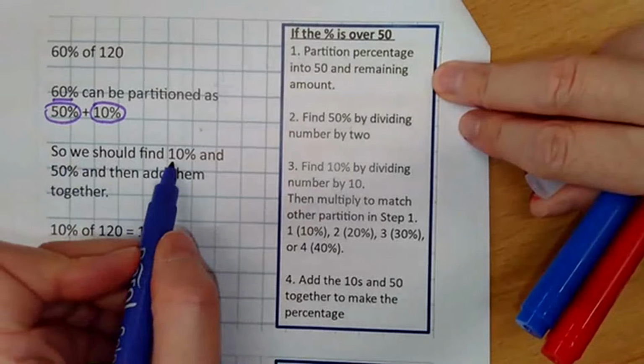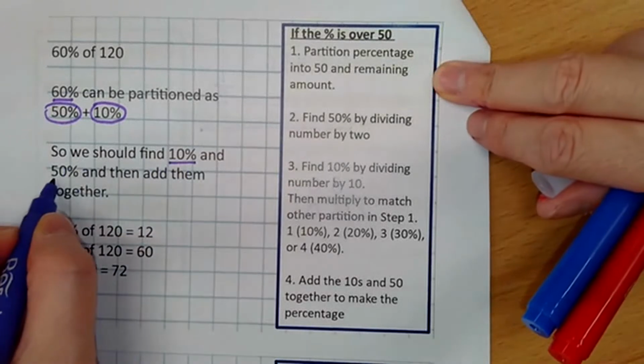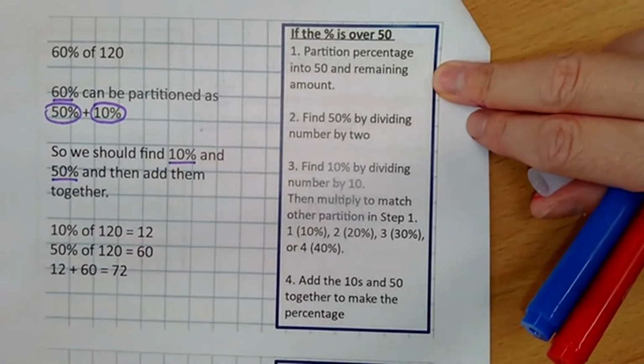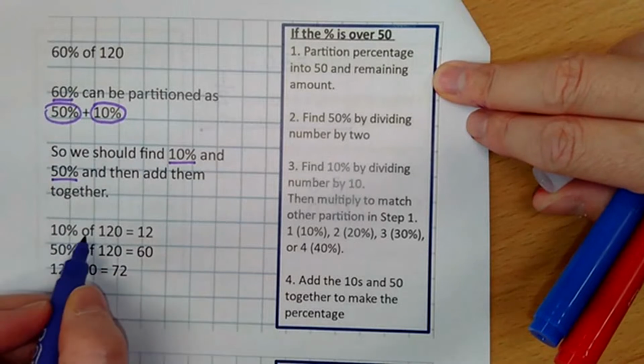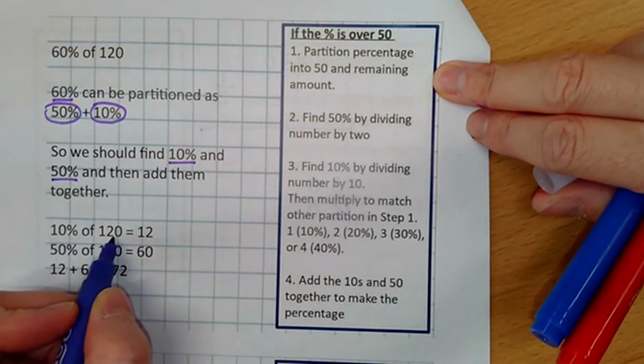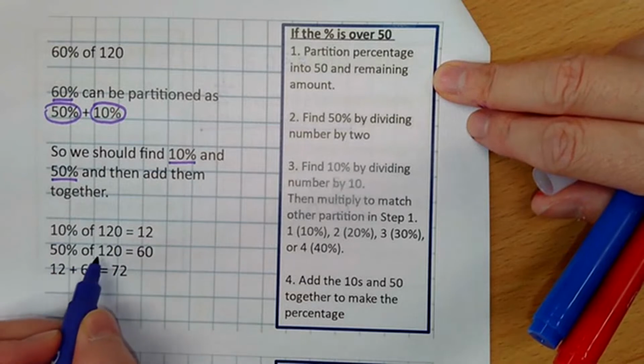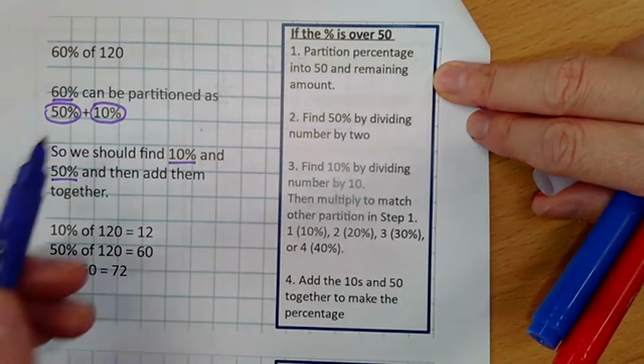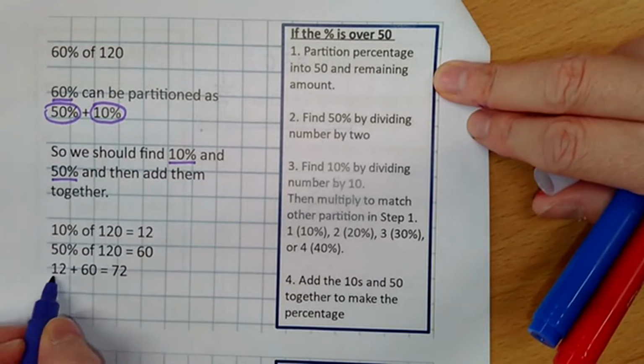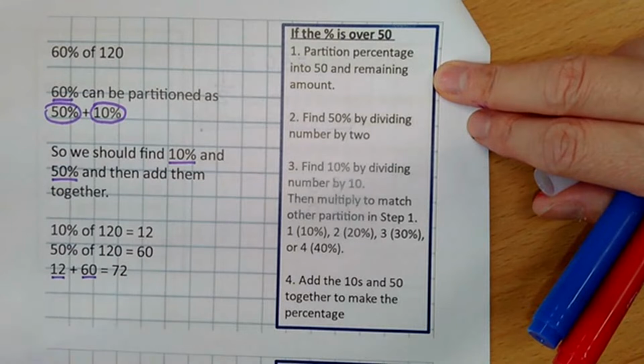Now, we know how to find 10%, and we also know how to find 50%. So 10% of 120 is 12. 50% of 120 equals 60. So finding 60%, we add 12 and 60.